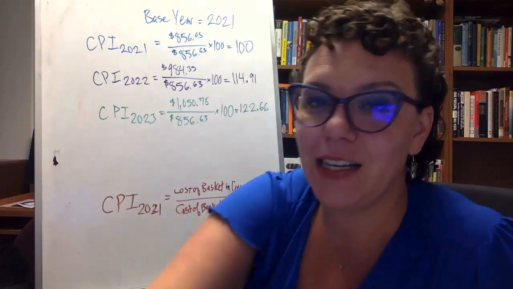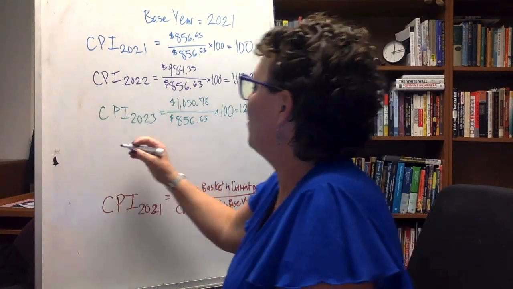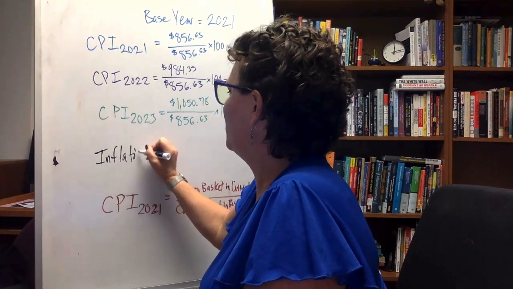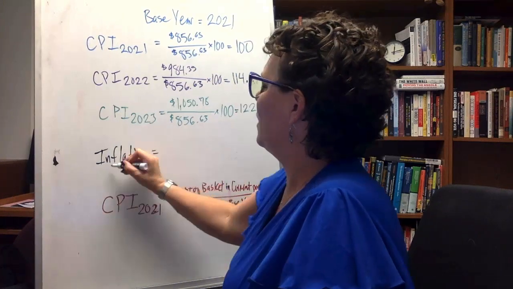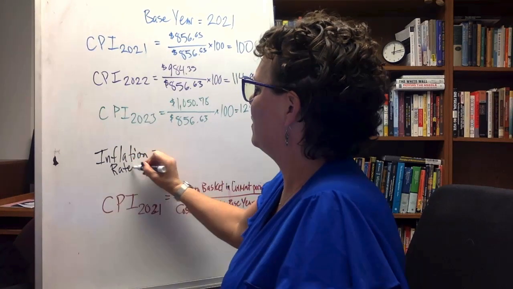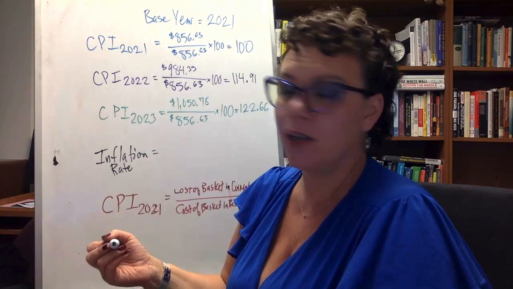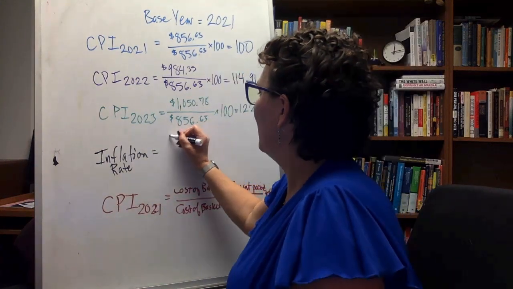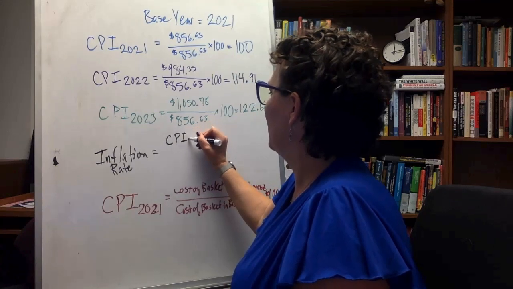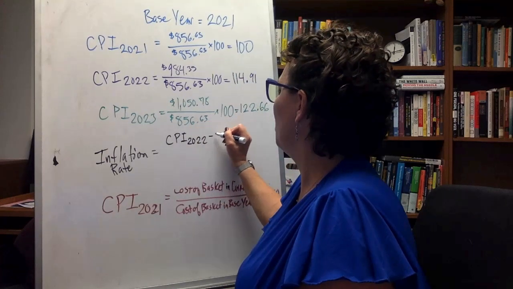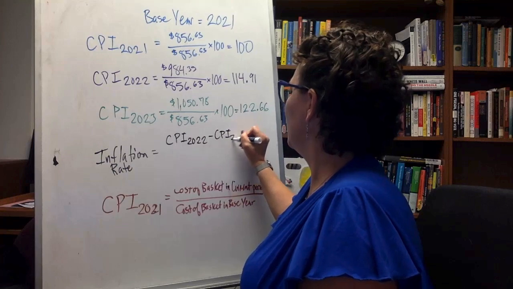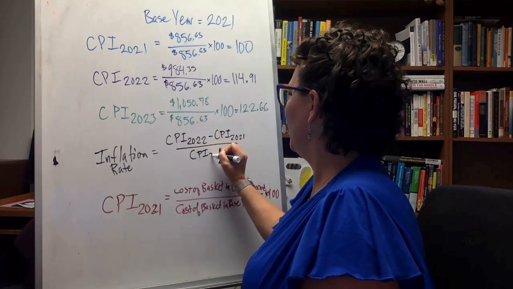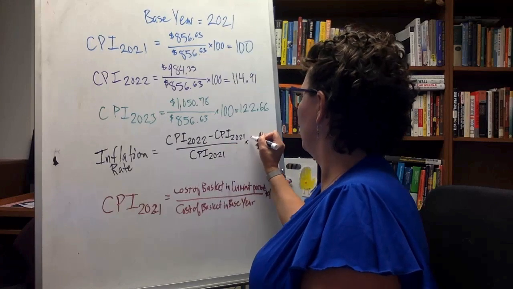All we need to do next is calculate the inflation rate. And remember, the inflation rate is just the change in the CPI over the previous period. So if I want to compare the inflation rate from 2021 to 2022, I say what was the CPI in 2022 minus the CPI in 2021 divided by the CPI in 2021 times 100.